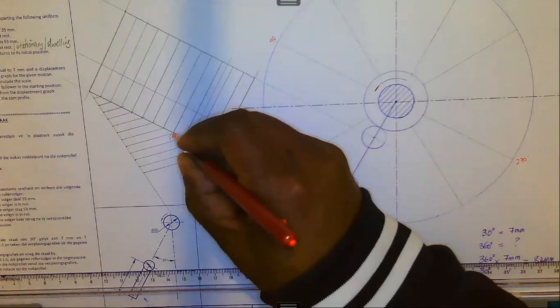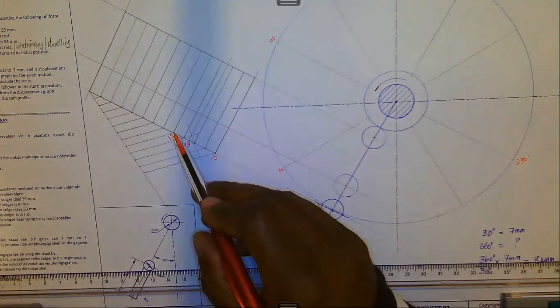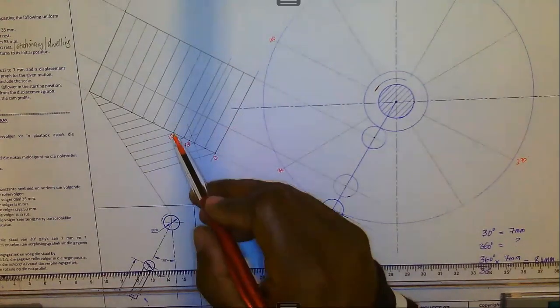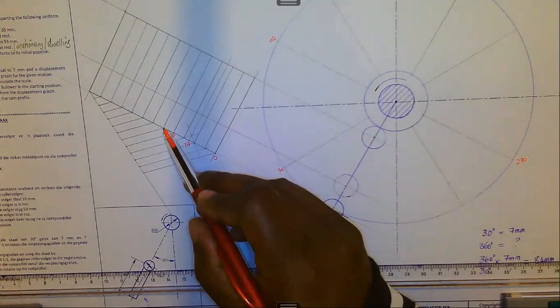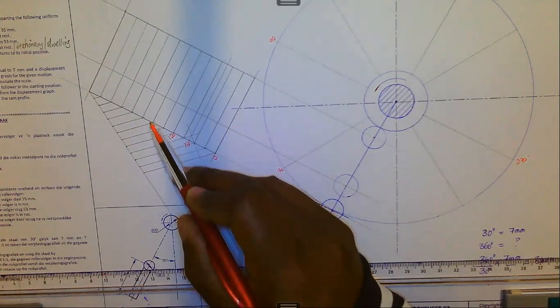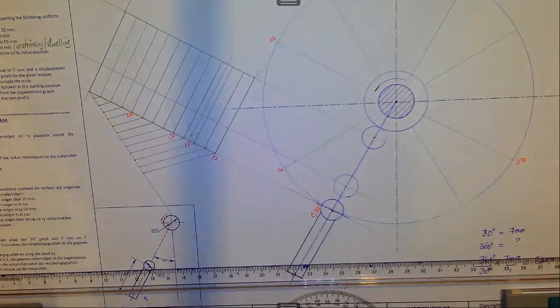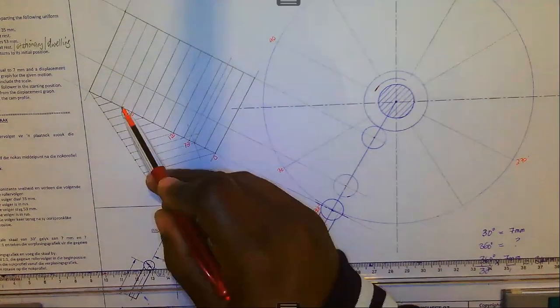Then from 120 to 240, that's 150, that's 180, 210 to 240, which would be here. Then 240 to 285, that's 270, we need 15, we do the same thing.